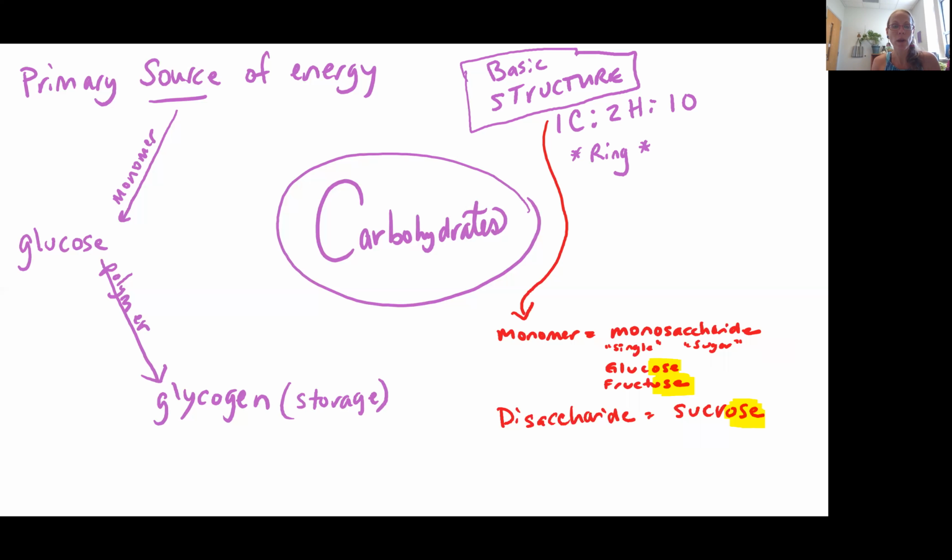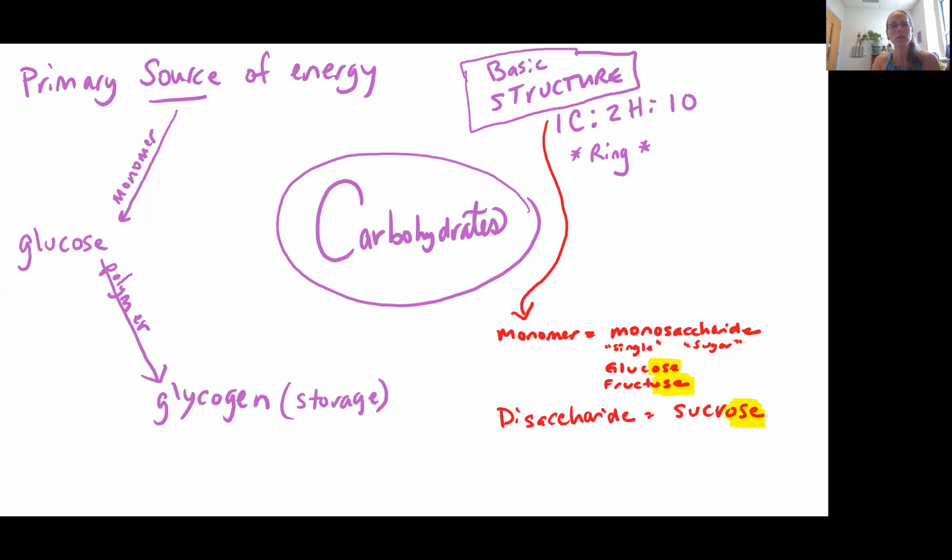They all have an OSE ending. So that's going to be indicative of carbohydrates. What that means is if you see the name of a molecule that ends in OSE, you should assume that it's a carbohydrate. But not every single carbohydrate has that ending. So we've already seen glycogen, which does not have that ending, but it is still a carbohydrate.